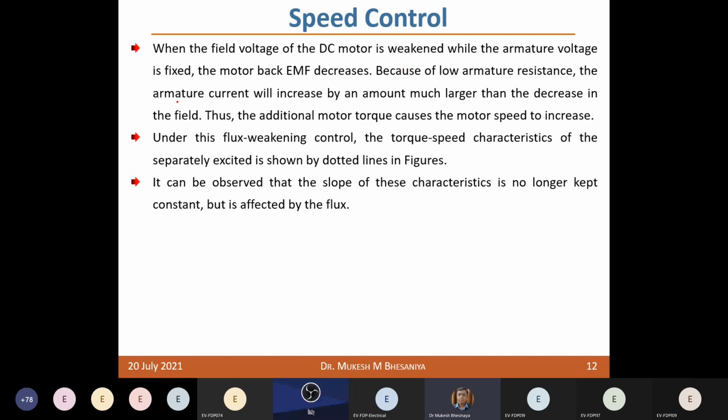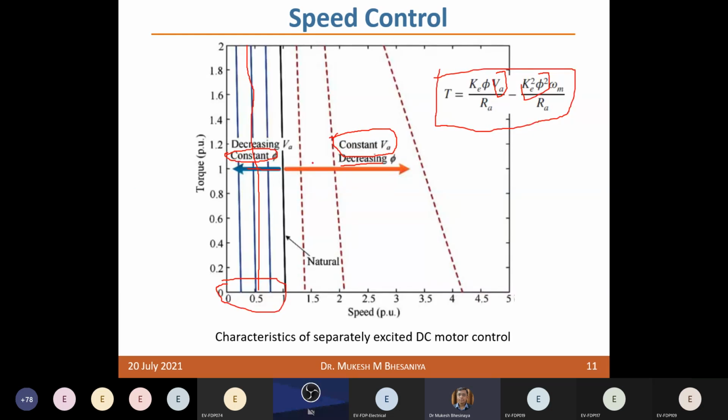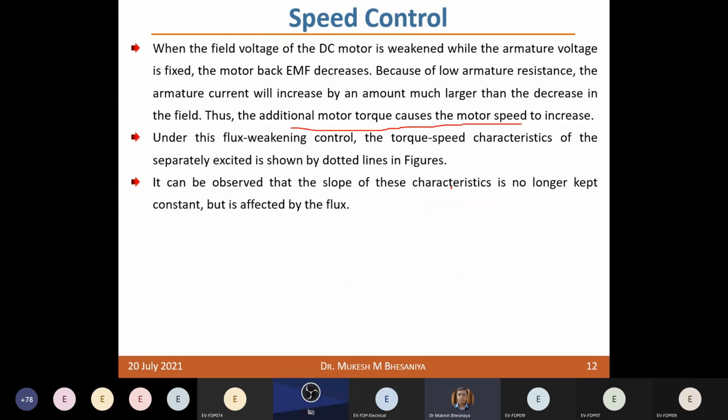Okay, so the armature current will increase by an amount much larger than the decrease in the field, and thus the additional motor torque causes the motor speed to increase. Okay, so under this flux weakening control, the torque speed characteristics of the separately excited motor are shown with the dotted lines here. Okay, so above the base speed, you can keep your armature voltage constant and decrease the flux, and here the speed will then change inversely with the flux.